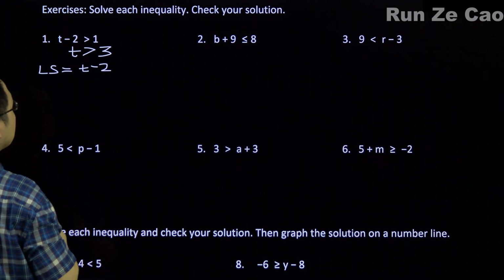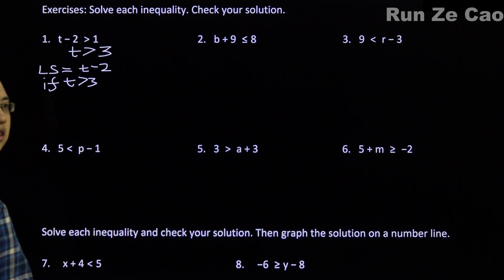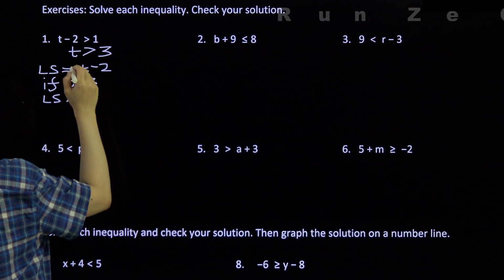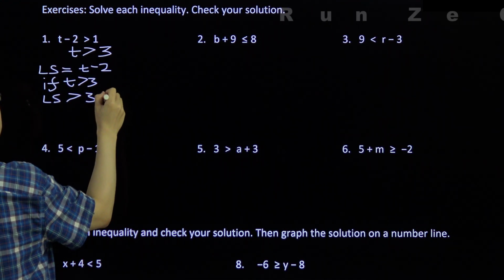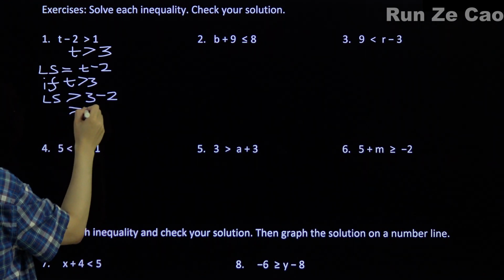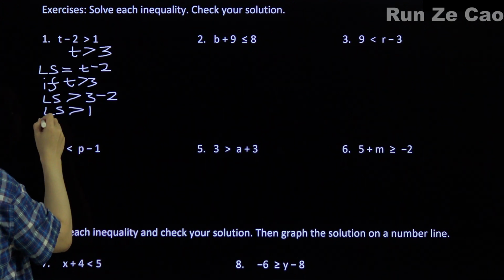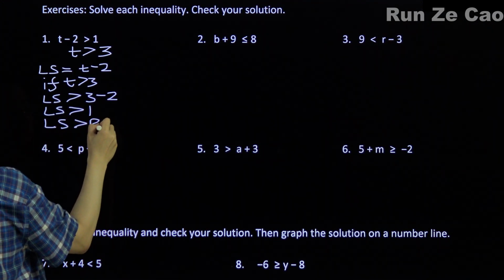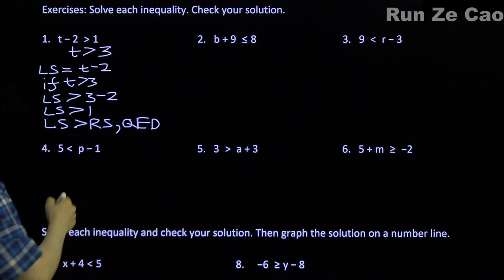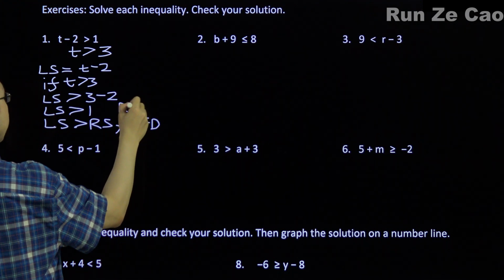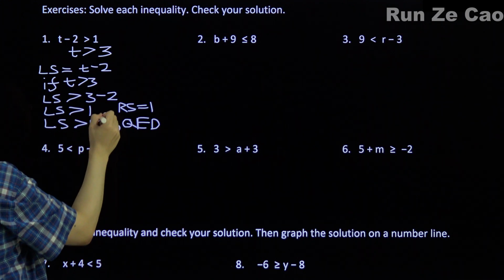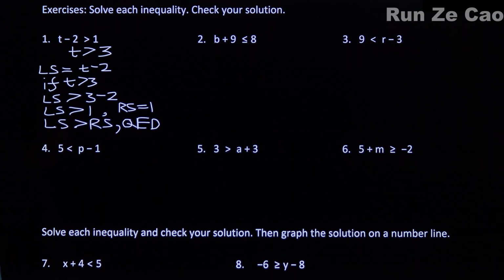So if t is greater than 3, then what's left side bigger than? Left side is bigger than 3 minus 2, which means left side is bigger than 1. Left side is bigger than right side. QED, because the right side is 1. So you might have to state right side equals 1, comma, and then left side equals right side, QED.